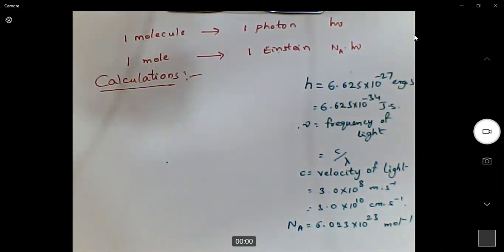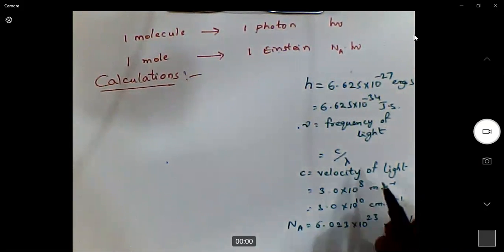The number of molecules present in 1 mole of the compound is called Avogadro number. Now we will substitute all these values and simplify so that we can easily do calculations based on photochemistry.